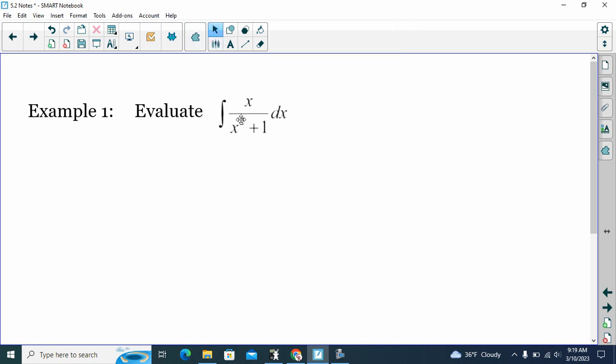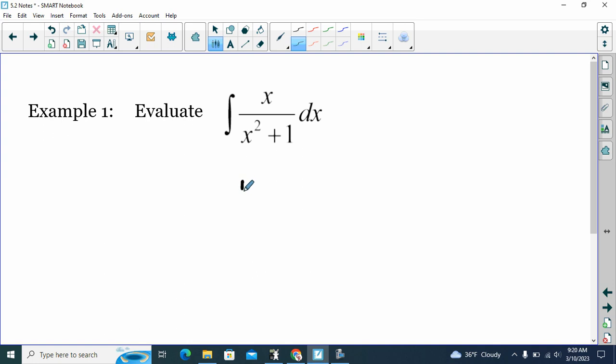Example 1 asks us to evaluate the integral of x over x squared plus 1 dx. We are going to start by making u equal to x squared plus 1. Our du then would be 2x dx.